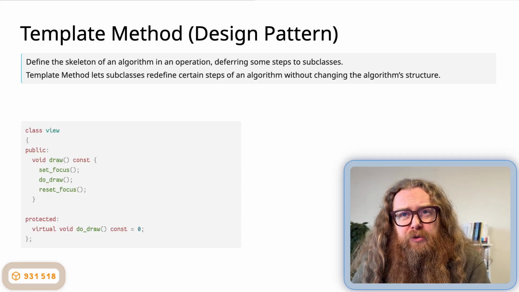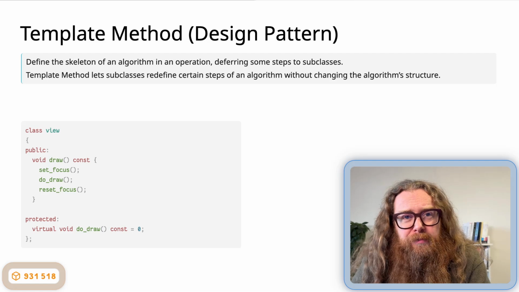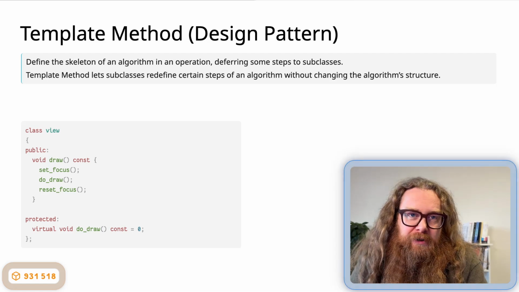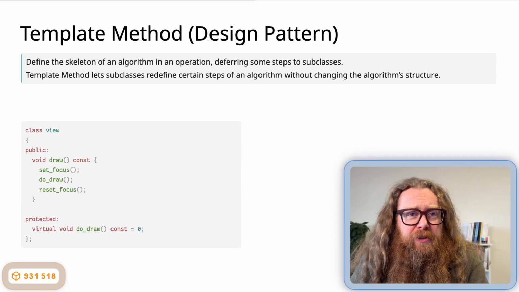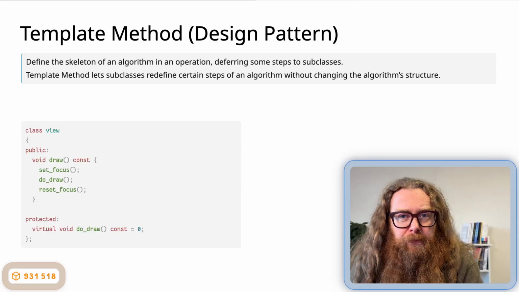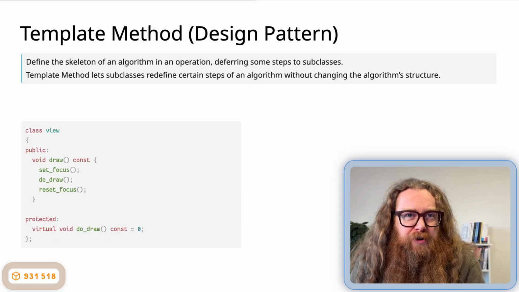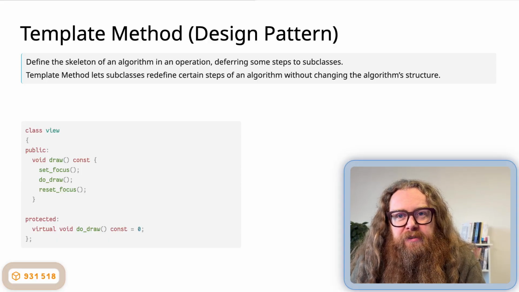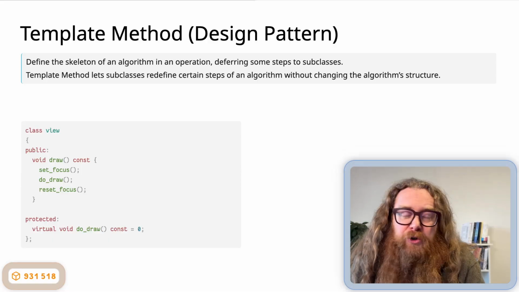The template method is used to define a skeleton of an algorithm in an operation where some steps are deferred to subclasses. We can see here the example from the book is a class View. That's an abstract base class because it contains a pure virtual member function called doDraw, which is protected.